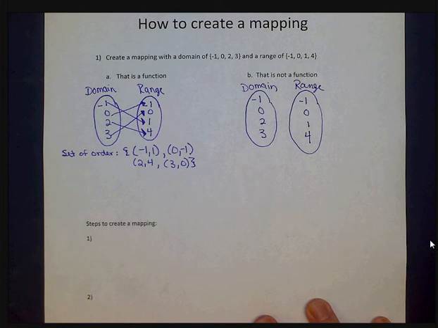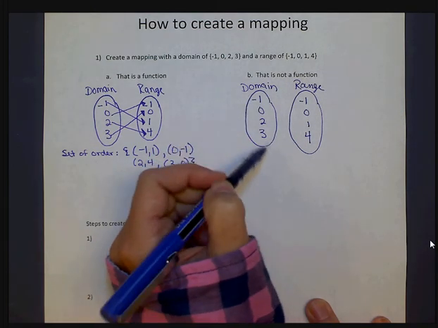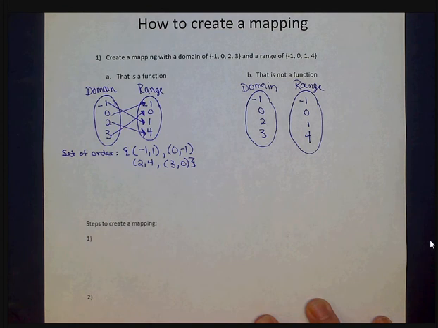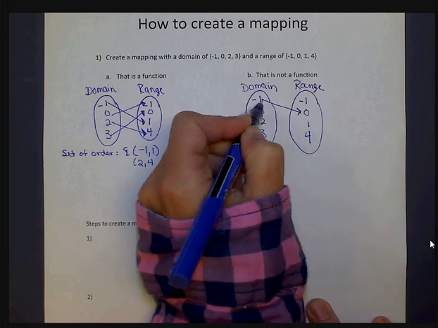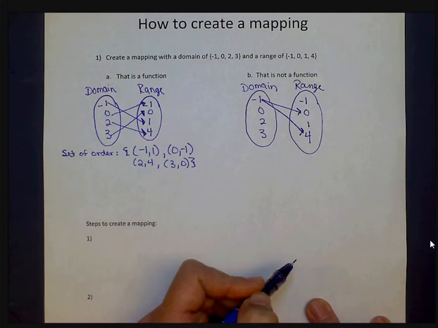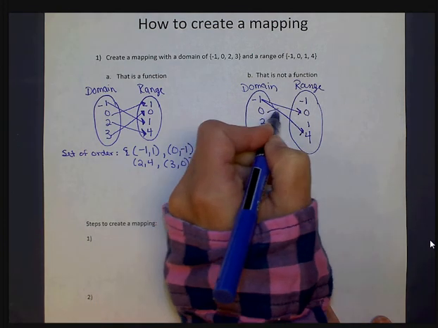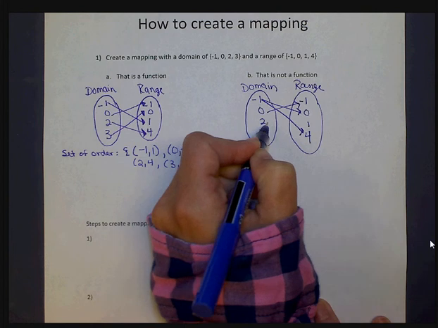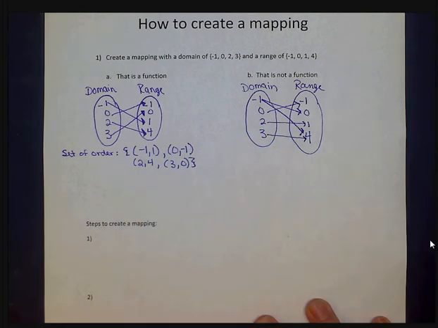Now to make it not a function, I need to have two arrows coming from one or more of the domain values. So if I let -1 map to 0 and -1 map to 4, I've now created a mapping that is not a function. So we'll let 0 map to -1, 2 map to 1, and 3 map to 4.